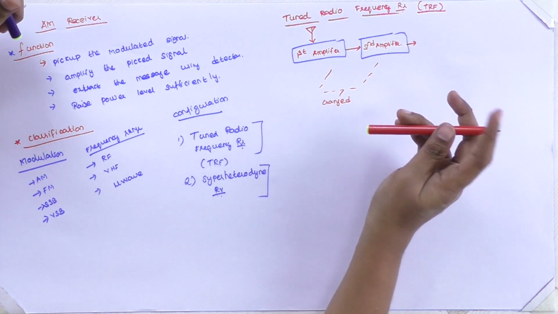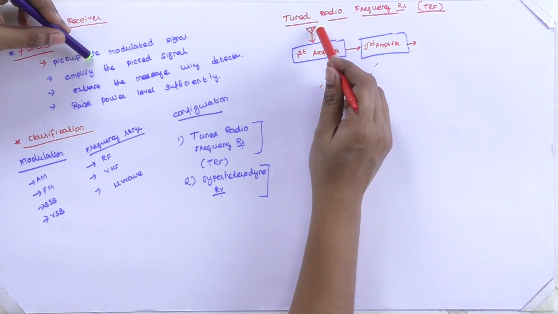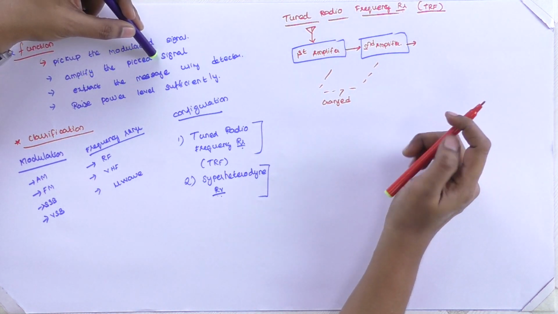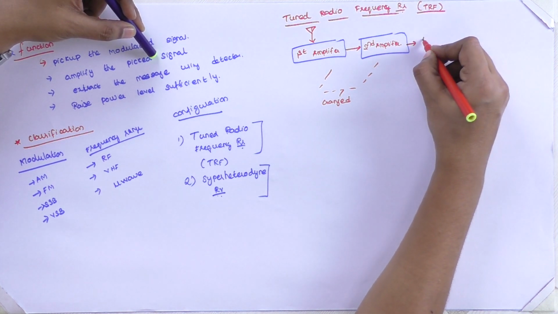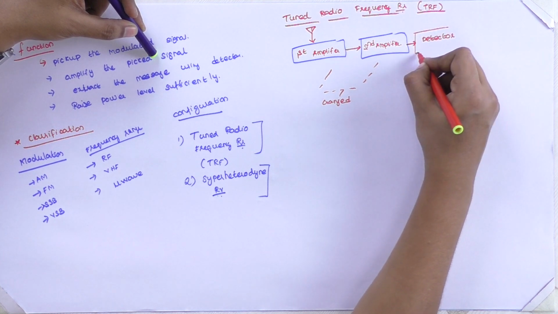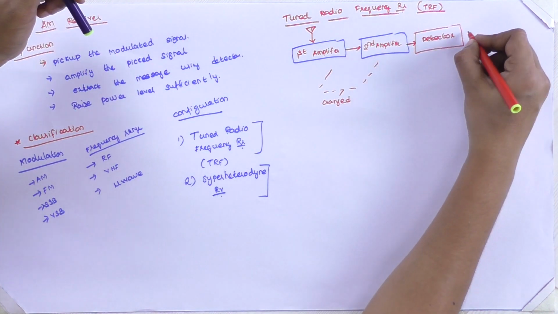We have studied picking up the modulating signal using the antenna, amplifying the picked up signal, and extracting the message using the detector. Therefore, the amplifier stages are followed by the detector section to recover our message signal.